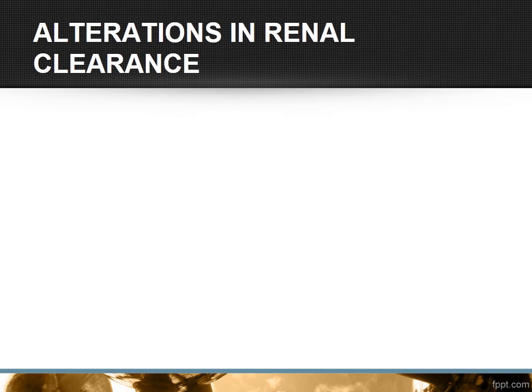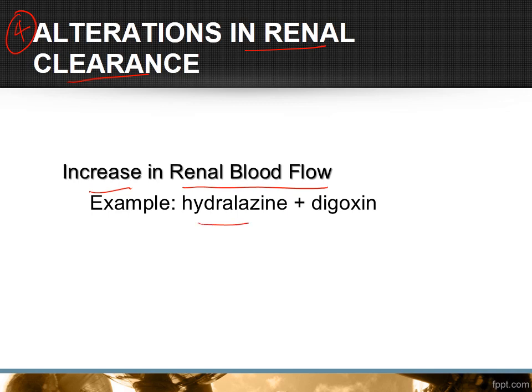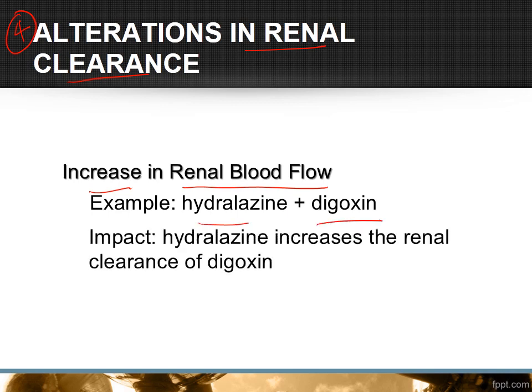Okay, so number 4 will be the alteration in renal clearance. So how the drugs can interact with each other as a result of alteration in renal clearance, because some drugs can increase renal blood flow. For example, hydralazine and digoxin. Hydralazine increases the renal clearance of digoxin, so it will cause ineffectiveness of digoxin.